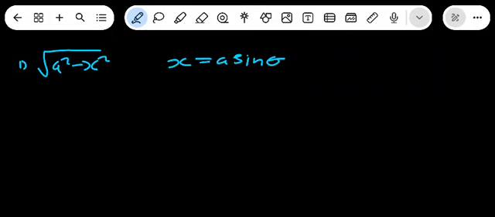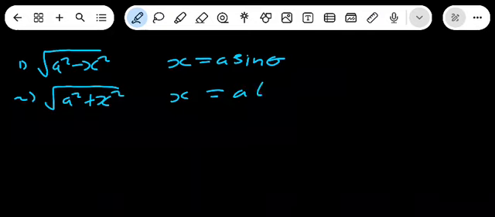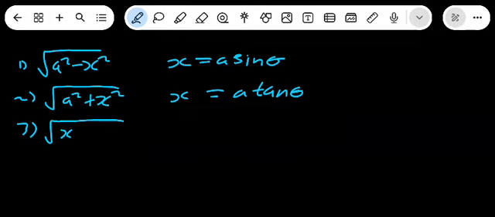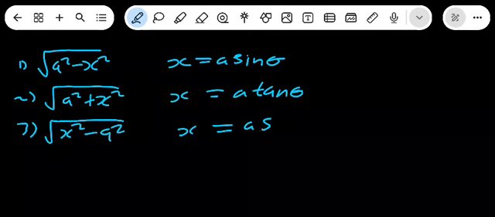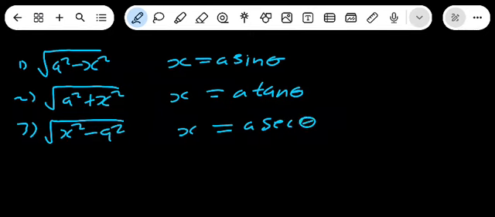Form 2: if you're given the square root of a squared plus x squared, x will be equal to a tan theta. Form 3: if you have the square root of x squared minus a squared, x must be equal to a sec theta. So this is what you're supposed to know. We'll use this at a later stage.